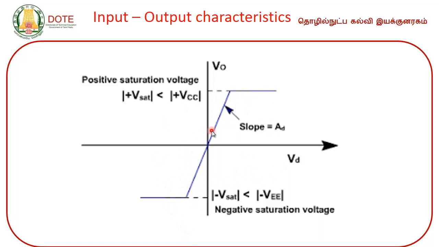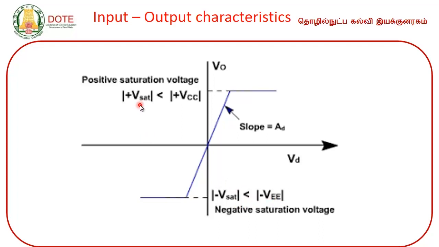Very simple. So what we need to know is, suppose you are giving a power supply voltage, op-amp needs 2 power supplies. For example, let the power supply be 10 volt. So plus VCC is plus 10 volt, minus VEE is minus 10 volt. And what is V saturation? Plus V saturation should be less than plus VCC, let it be 8 volt, and minus V saturation less than minus VEE.